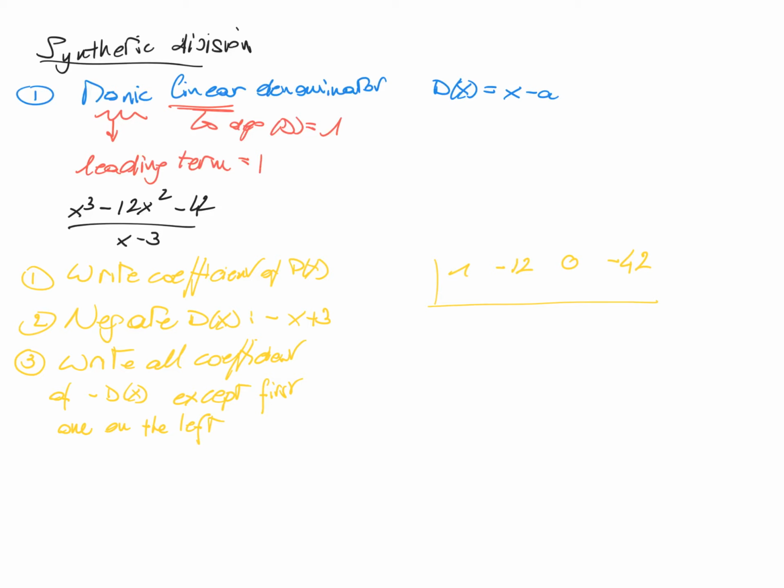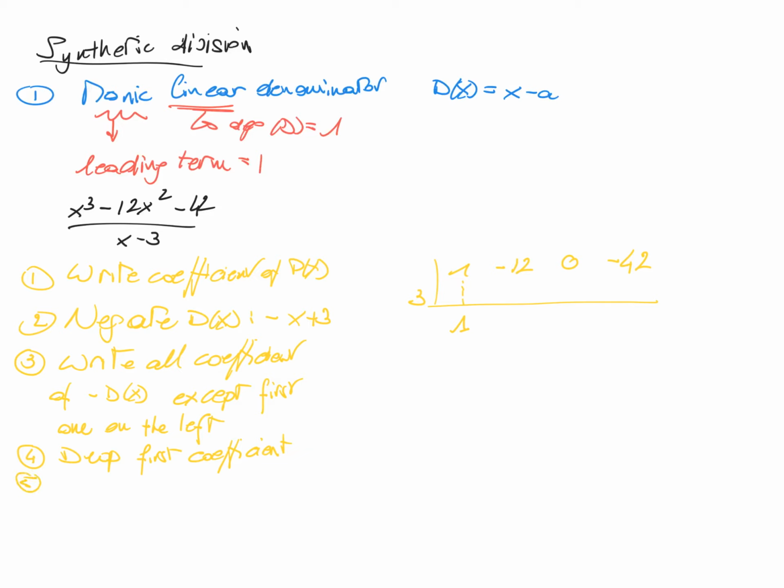So minus d of x was minus x. We drop the first coefficient, the minus 1, and then we have here a 3. We then drop the first coefficient. So this one goes down and we write it below the line.